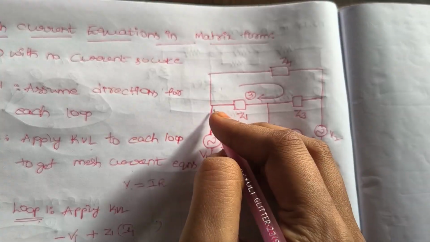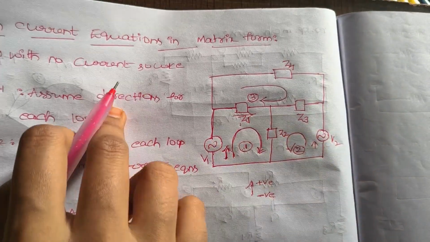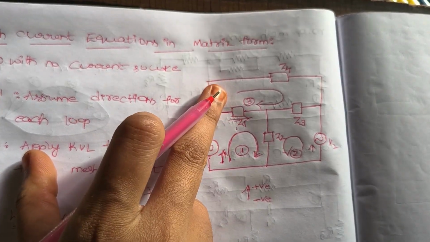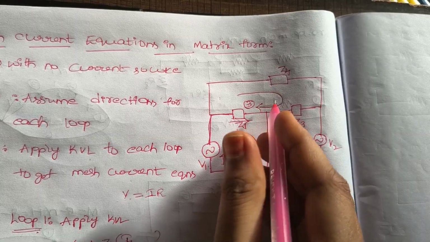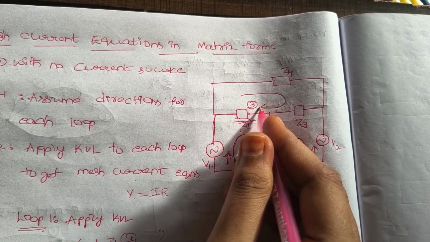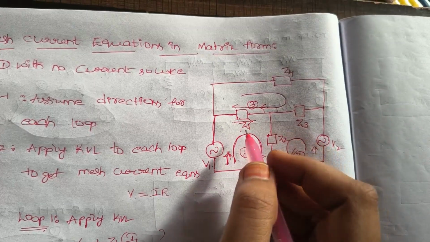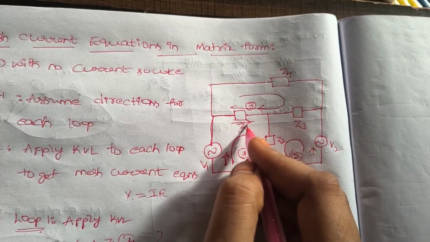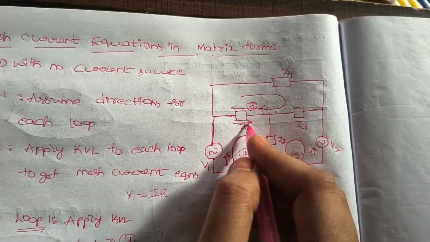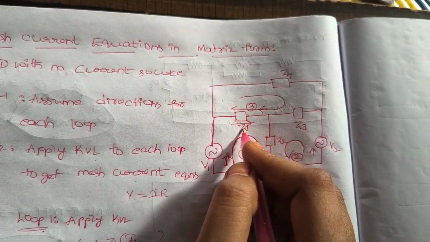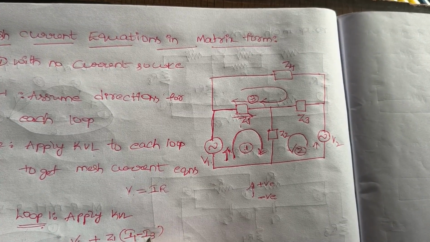Another loop's I3 current is in the opposite direction to the I1 current. It is also clockwise in its own loop, but at Z1 it travels in the opposite direction to I1. So we have to take minus I3.